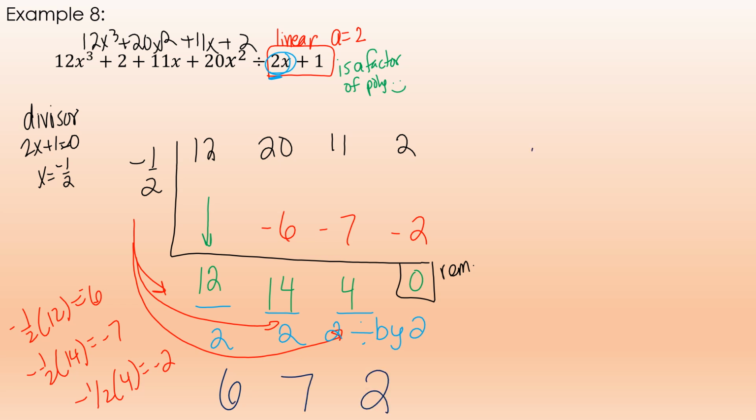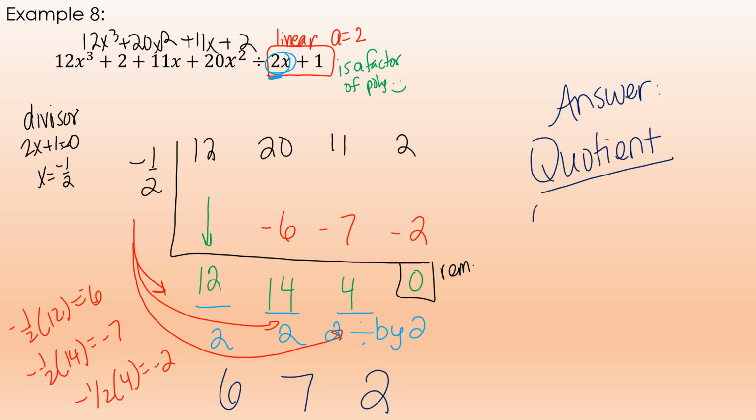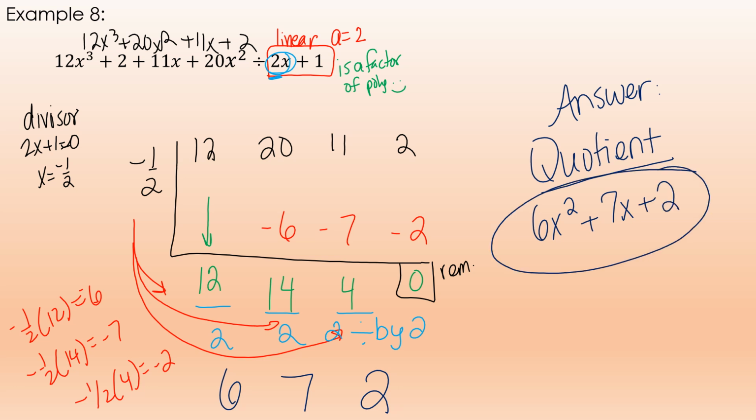Now we're going to put our variables with it. So quotient or answer, we started with an x cubed, so we're going to drop down to an x squared. So our first term is going to be 6x squared plus 7x plus 2 with a remainder of 0.